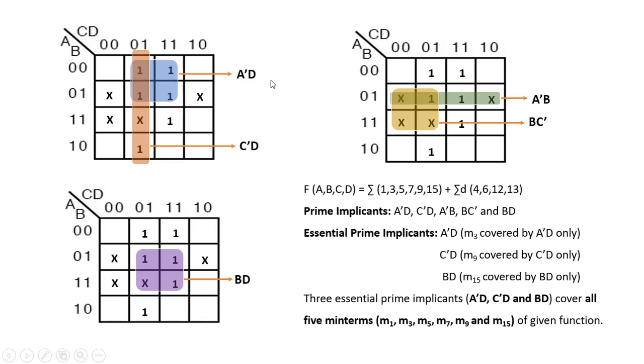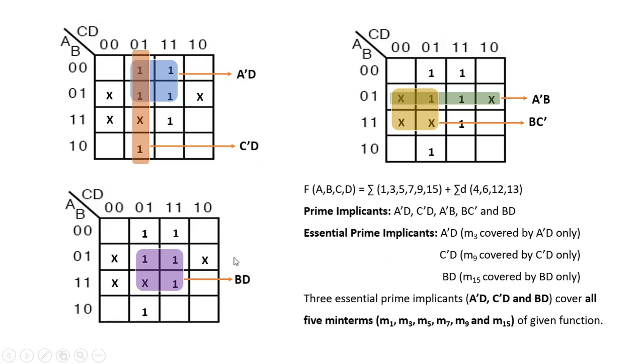So A bar D is an essential prime implicant, as M3 can be covered by A bar D only. Now coming to C bar D, this minterm 9 can be covered by prime implicant C bar D only.